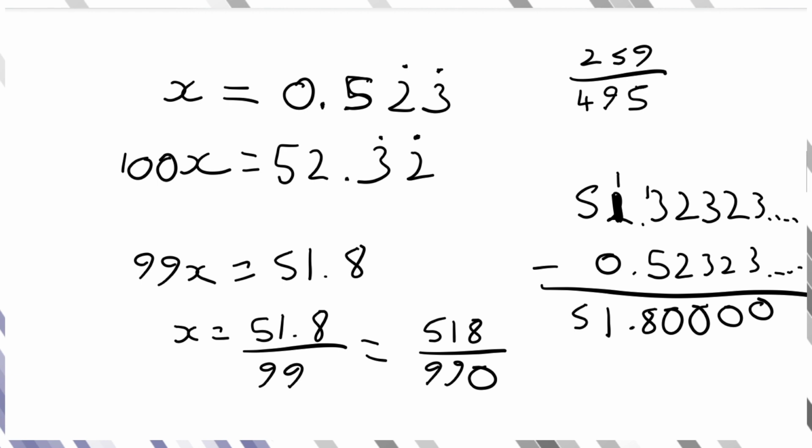And I think that might be as simple as it goes. Off the top of my head, not certain, but that looks like it might be as simplified as that can be. So that is 0.523 recurring as a fraction, 259 over 495.